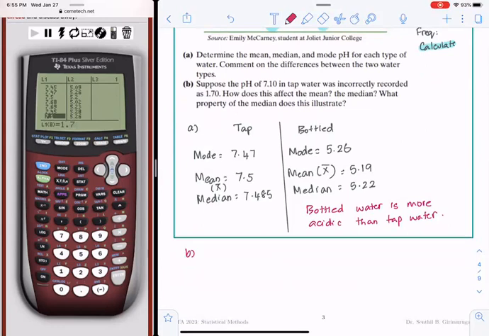We'll go back and compute the mean, median for list 1, which is the tap water data.